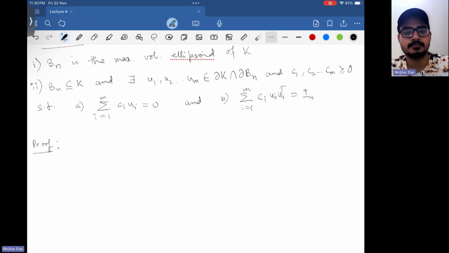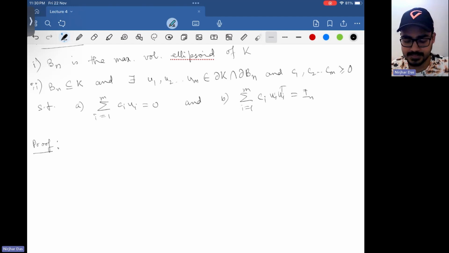And that's basically by the fact that if u belongs to K, then minus u also belongs to K, particularly if ui belongs to the boundary of K, then minus ui also belongs to the boundary of K, and ui belongs to Bn also implies minus ui belongs to Bn. So both u and minus u will lie in the set of contact points between the ball and the convex body.